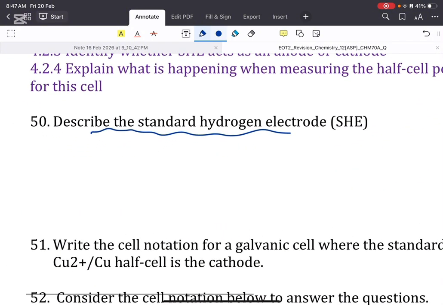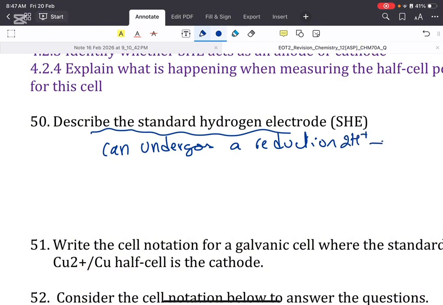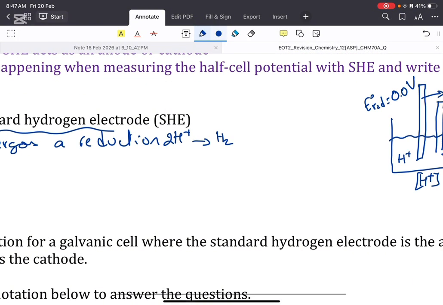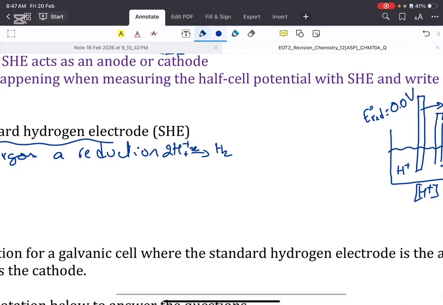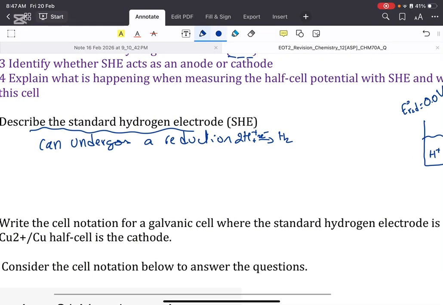It can undergo reduction, and it goes in this direction, H2 gas plus 2 electrons, and it can work as a cathode if it's placed with an anode, and whatever voltage we obtain, that would be the voltage of the other half cell, because this one is always 0.